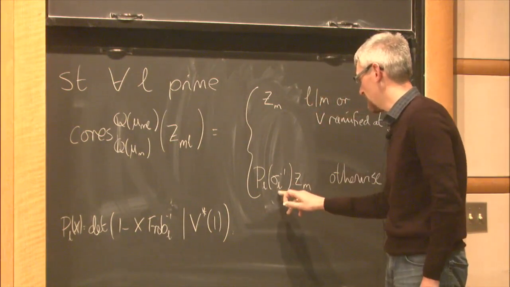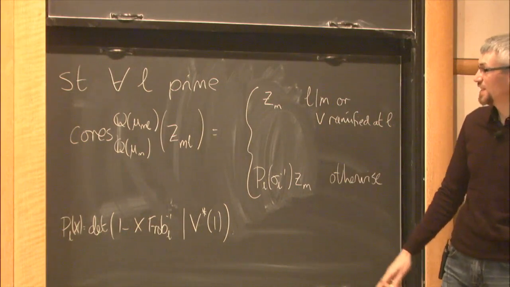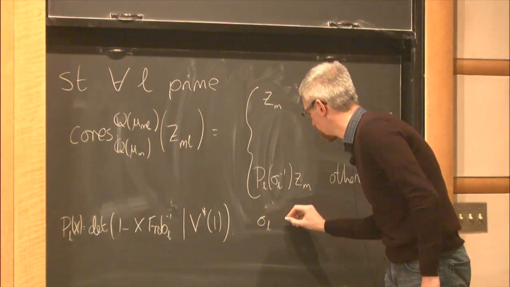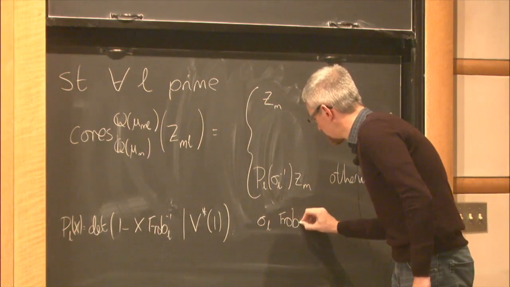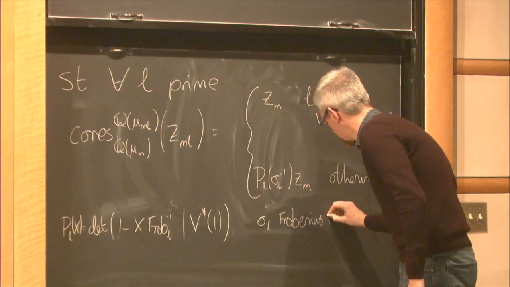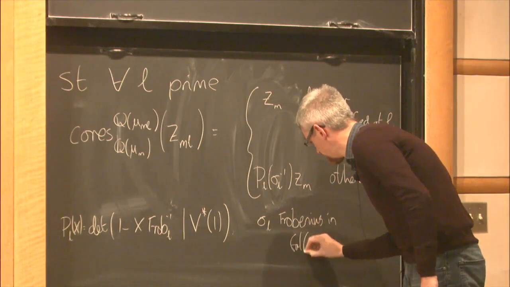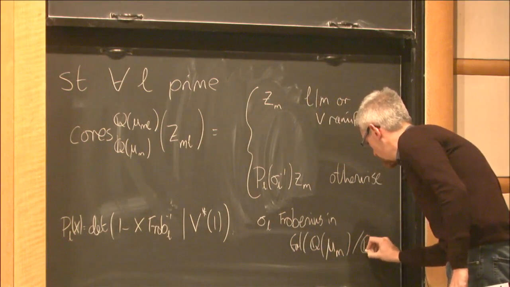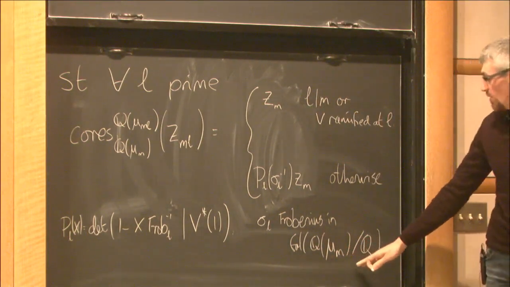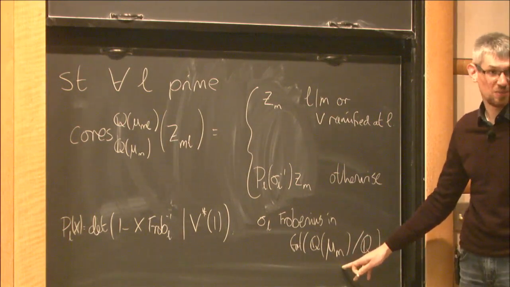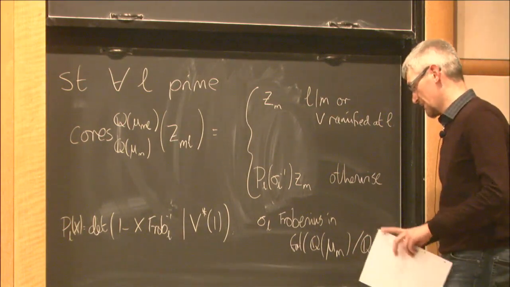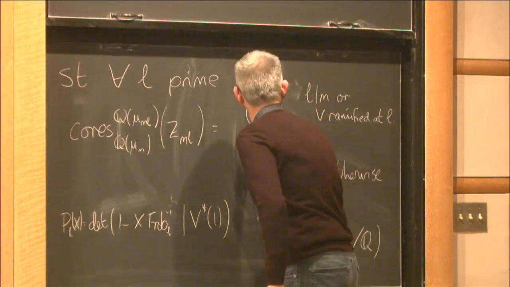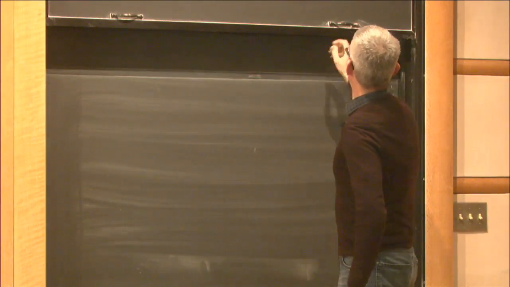And sigma_l is the image of the Frobenius in the finite Galois group of Q(mu_m) over Q, which is well defined because l by assumption doesn't divide m. So that's the definition.